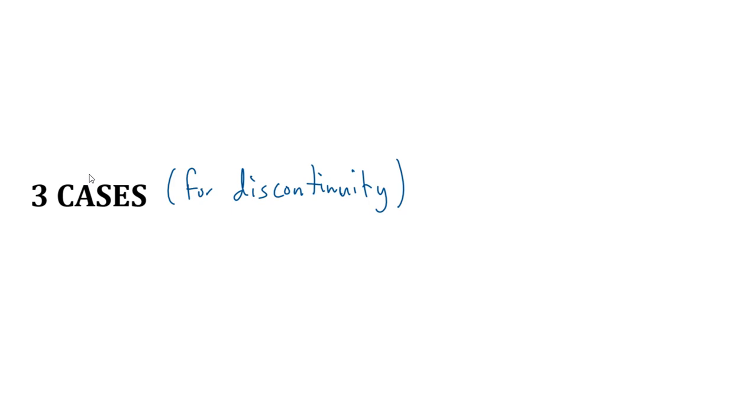Okay, not the same thing. Case number 1. F of x does not exist at x equals a. If f of x doesn't exist, it can't be equal to the limit.